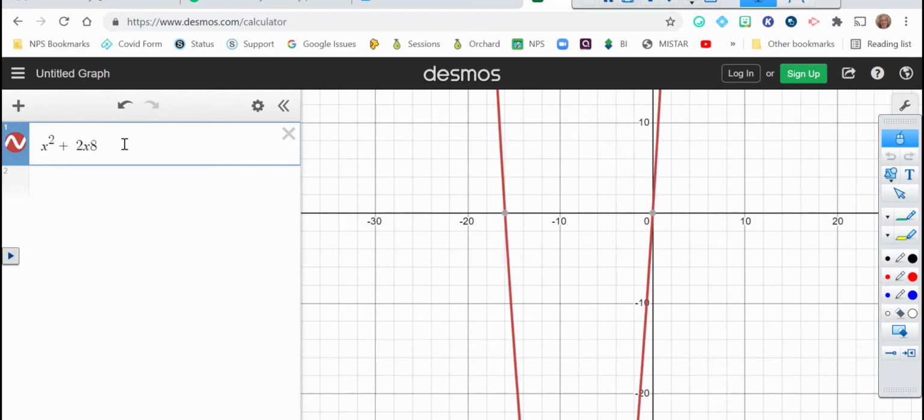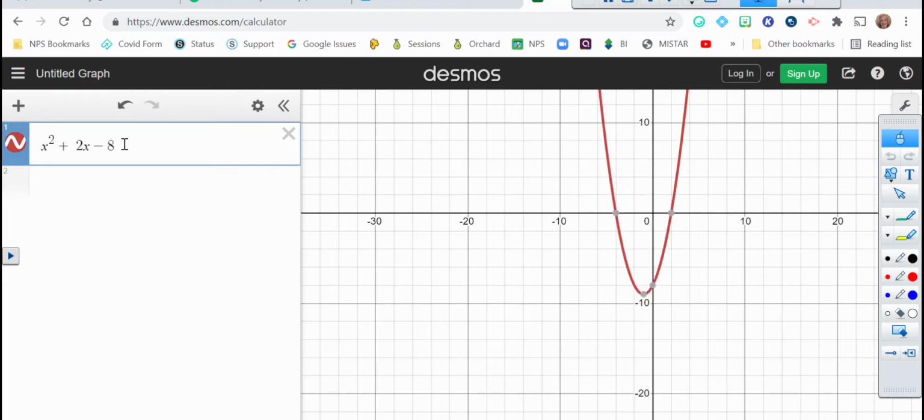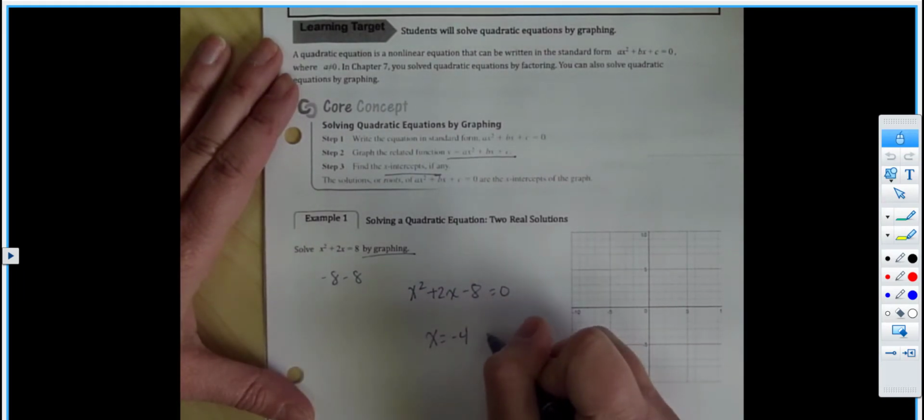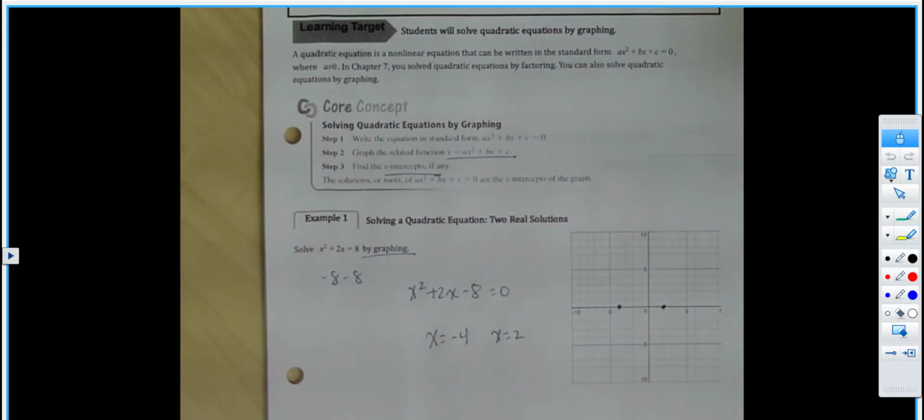But for now, I would like to take a look at graphing. So here's our example 1. So it turns out we've got -4 and 2 as our solutions. All right, so that means we have x equals -4 and x equals 2, because that is where it crosses the x-axis.